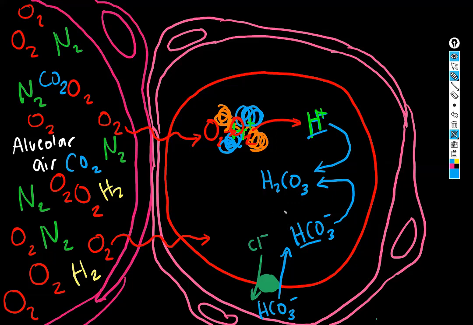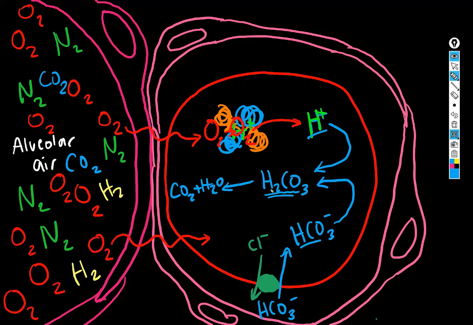And the answer is, it doesn't. Even though carbonic acid is consistently being formed inside of this cell as it's making its way past the alveolus, it's being dissociated as fast as it's forming, because carbonic anhydrase is turning it from H2CO3 into water and carbon dioxide.